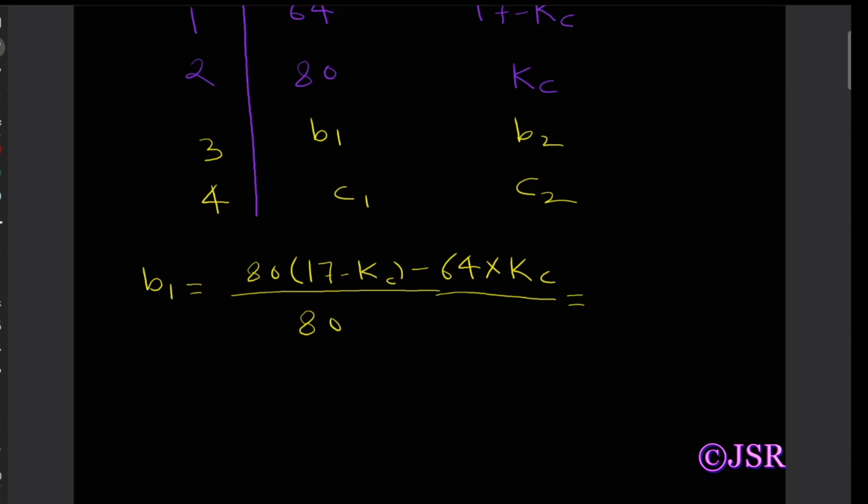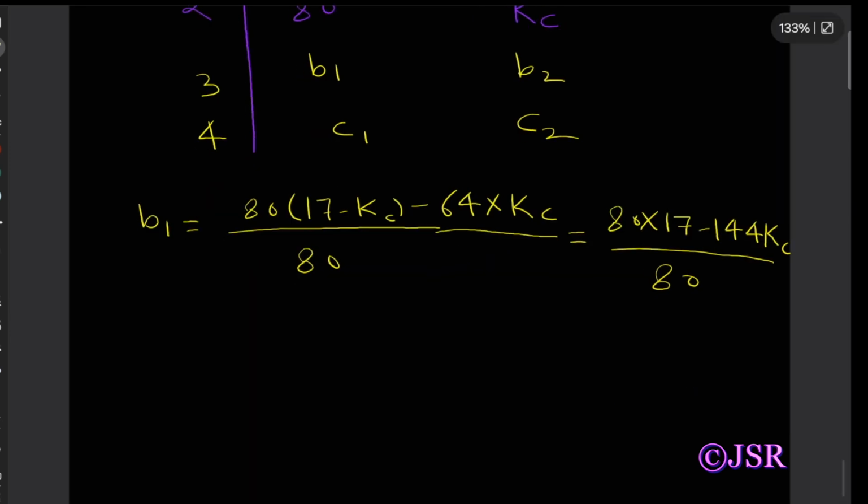So this will be equal to (80 into 17 minus 144 Kc) upon 80.